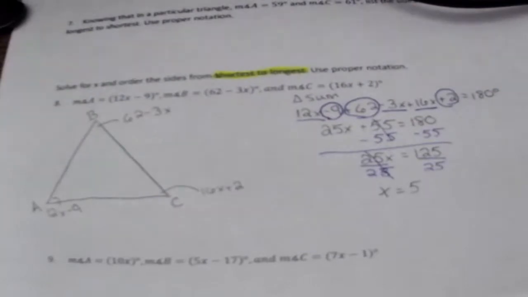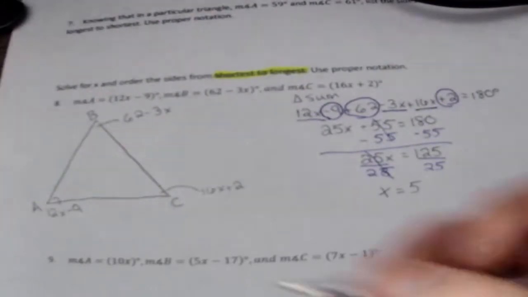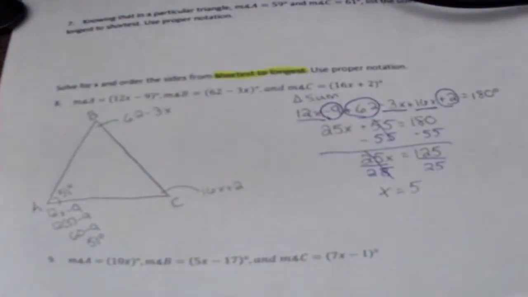So now that you know what x equals, now you can plug it into each of the equations to find the different angles. So 12x minus 9. Instead of x, we have 12 times 5 minus 9. So 60 minus 9, which is 51 degrees. So this angle here is 51 degrees. Angle B, we have 62 minus 3x, but instead of x, we're now going to have 5.